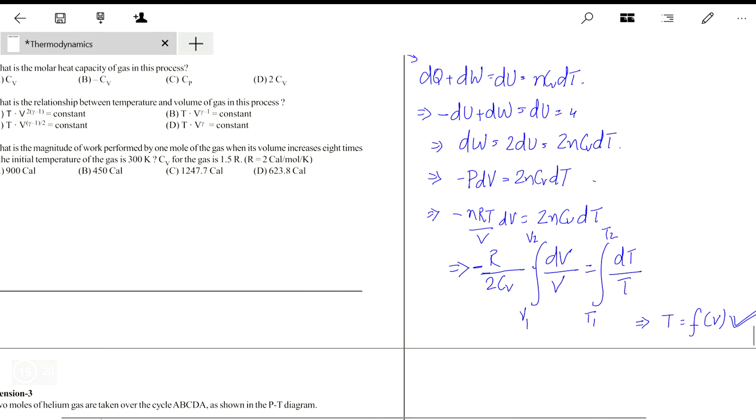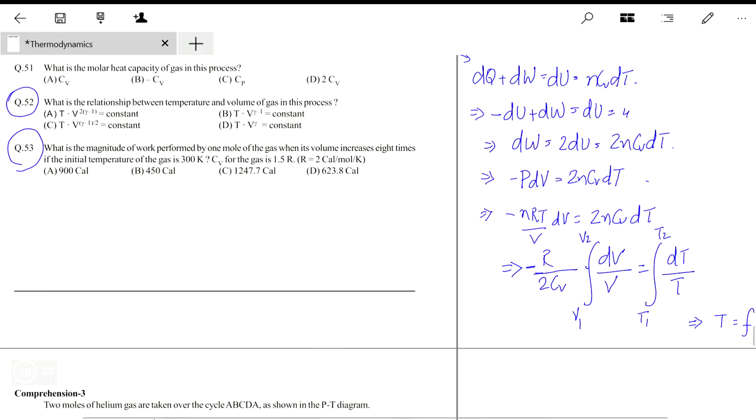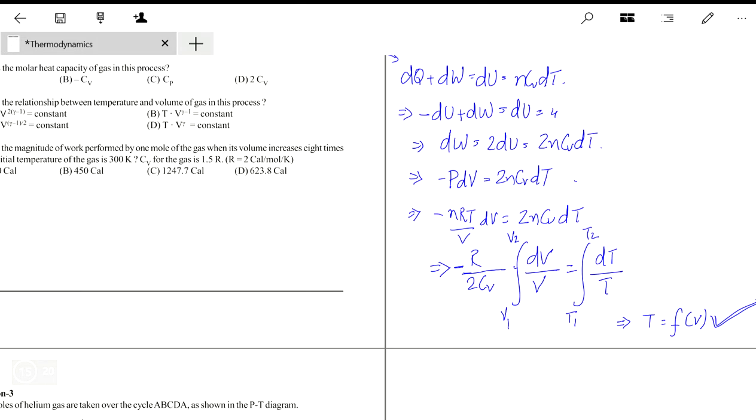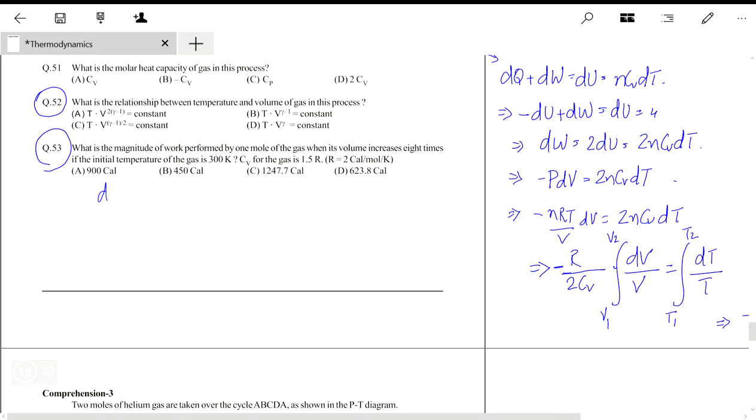Right, for work done, see this is what we can do. For work done, you already know dW is equal to twice of du. Use this part of the equation, and twice of du can be twice of n Cv dT integrated. Cv is constant, so W becomes twice of n Cv delta T.